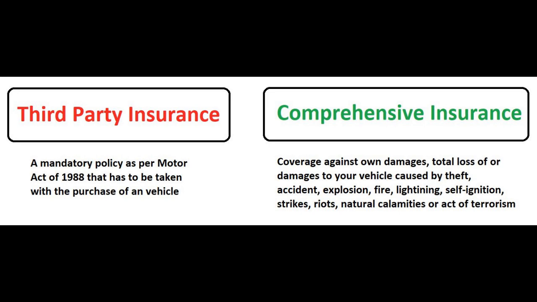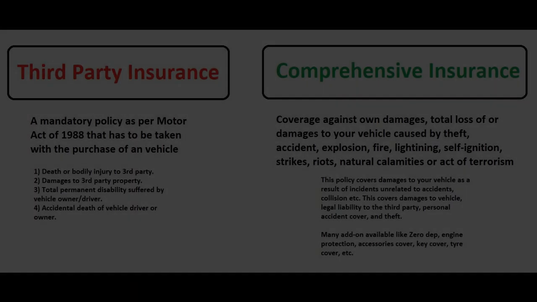So third party insurance has to be taken with any purchase of a new vehicle, or it has to be renewed on your existing vehicle. So there is no getting away from a third party insurance. It is a mandatory insurance. So it may be a bike or a car or any pickup truck or any vehicle. It has to have a third party insurance, which is mandatory.